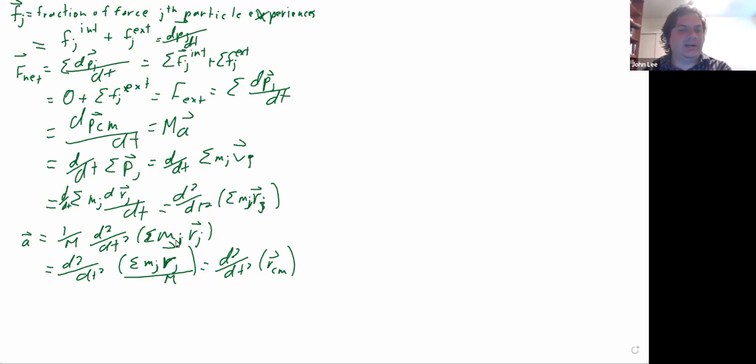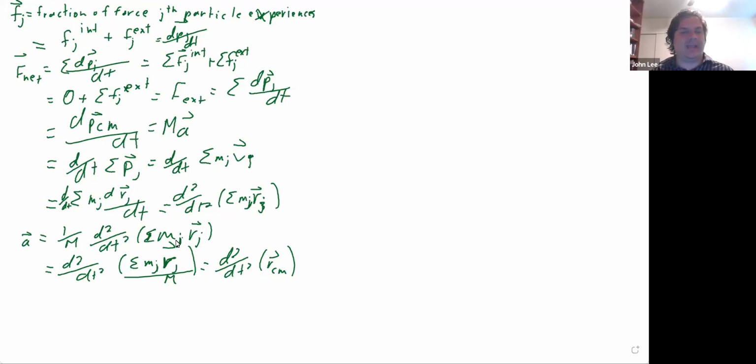So this is an interesting property, and what it tells us is that r of the center of mass is never going to move or cause any acceleration except when acted upon by an outside force.